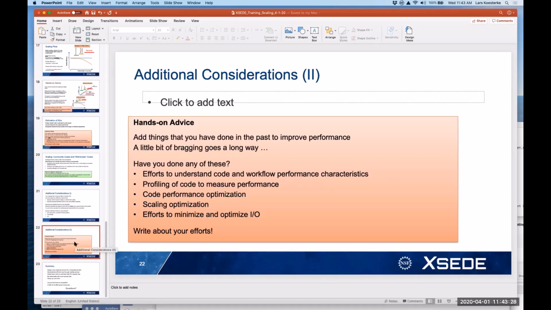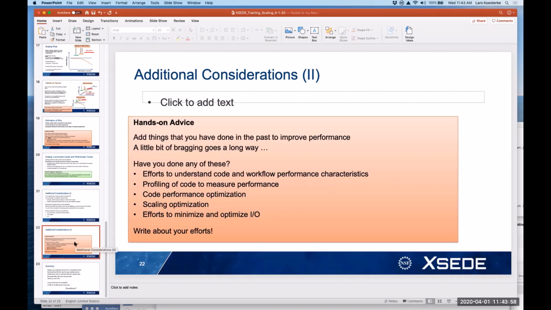Reviewers are very happy to read about this, and that convinces them that you know what you're doing, that you are interested in optimizing your code, and that you're interested in getting the most science out of the number of SUs that you're getting from XSEDE. And so it always helps to write something about your past efforts.